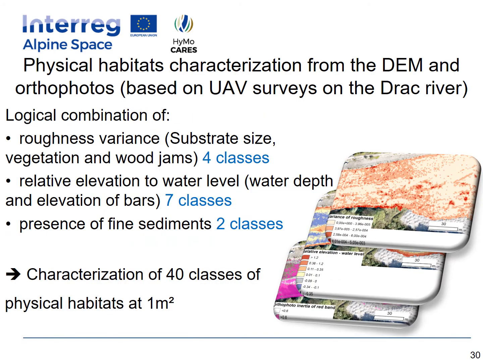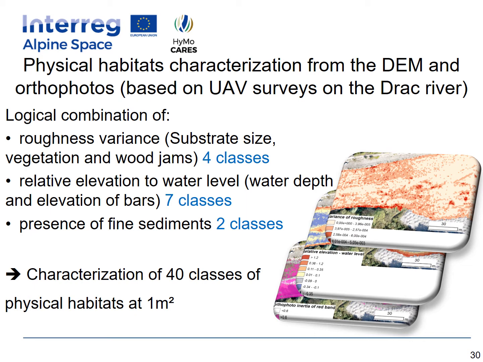The fine sediments on gravel bars are already mapped as a binary map resulting from the analysis of several metrics, class 1 corresponding to fine patches and class 0 corresponding to coarse patches, vegetation and water, it means not fine sediments on gravel bars. We combine directly the 2 classes of this map with the 4 classes of roughness variance and the 7 classes of relative elevation which were presented in the previous slides.